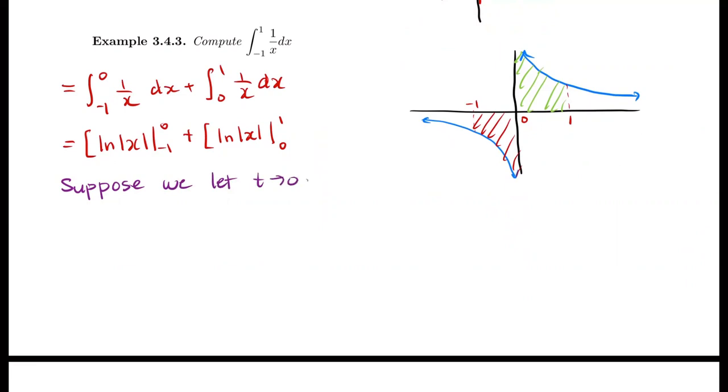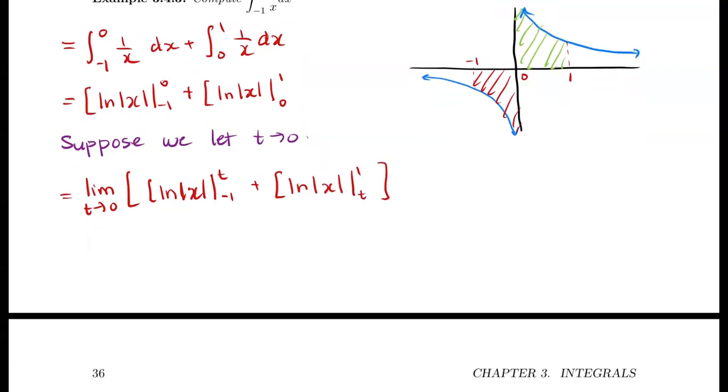So we have the limit as t approaches 0 of ln of the absolute value of x evaluated from negative 1 to t, plus the natural logarithm of the absolute value of x evaluated from t to 1. Let's put all of this in, keeping the limit as t approaches 0.